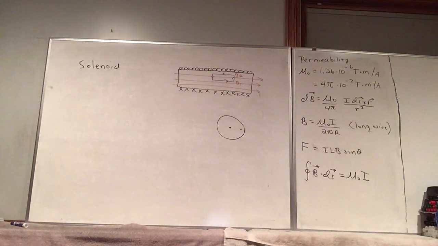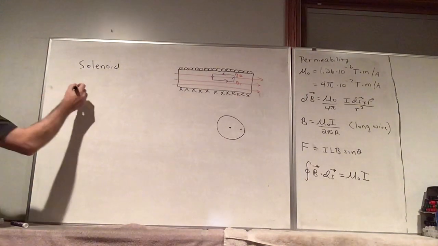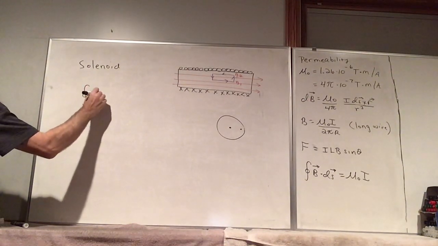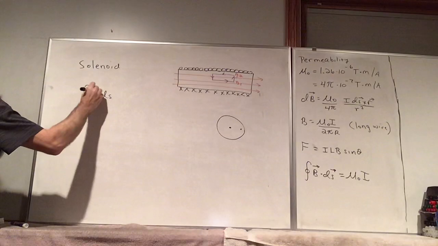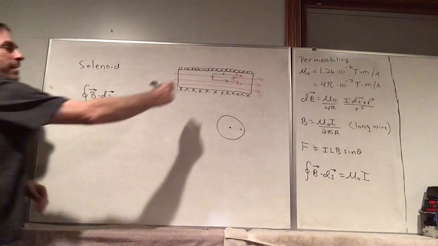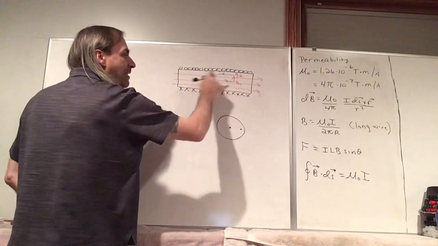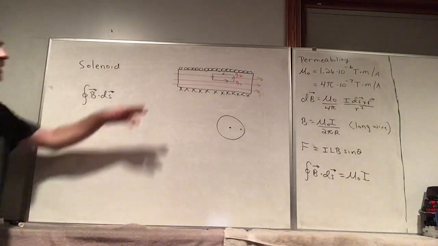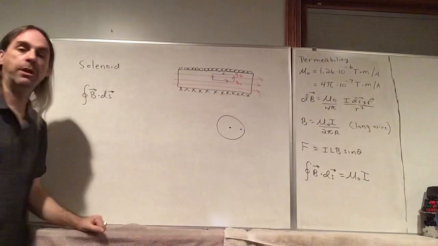So let's apply Ampere's law. Now we have 4 segments, and 2 of them are 0. Along the other 2, let's do B1 first, the line segment with magnetic field B1.